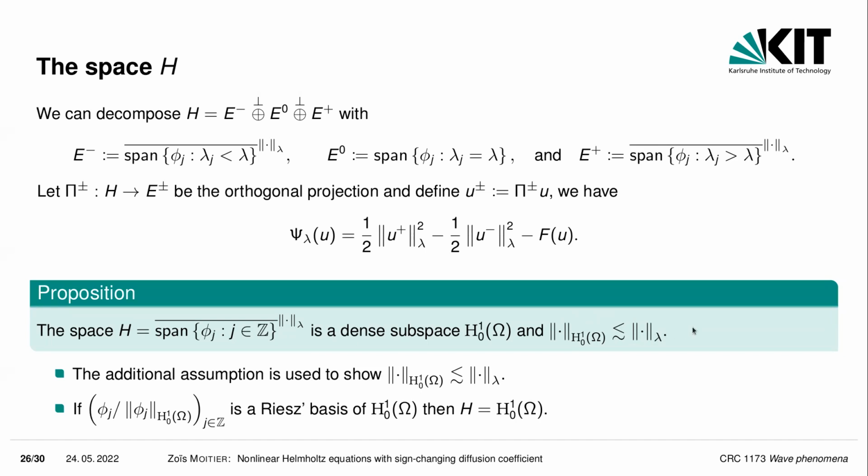So this additional assumption is here to show that H is a dense subspace of H10. And if we had the full Riesz basis property, then we would know that H is actually H10, but we don't know that. The only thing we know is that in 1D, this is actually true.